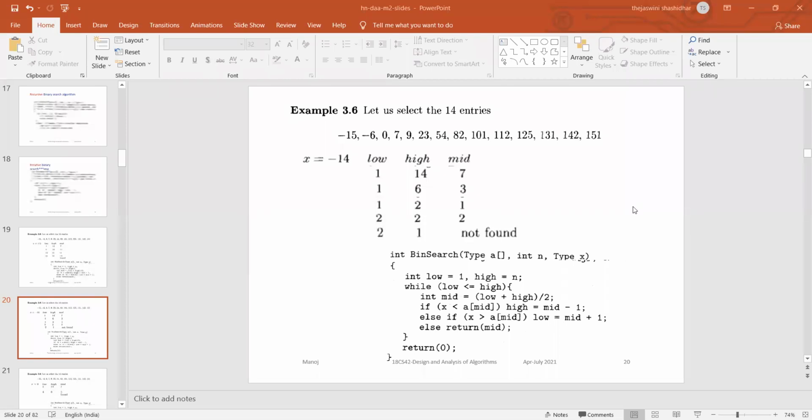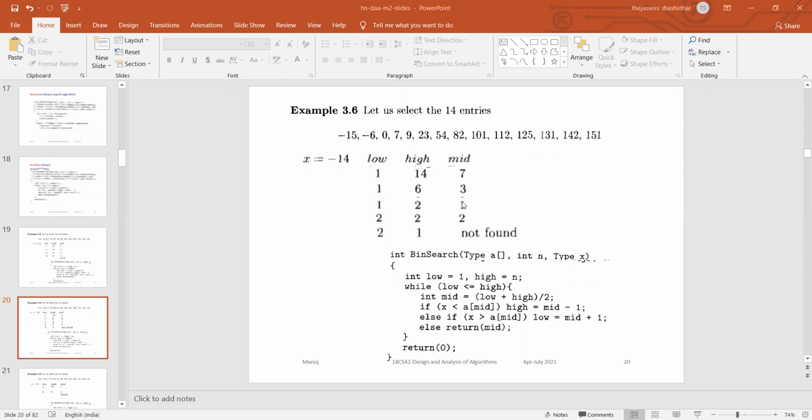No, the condition is false. If you go minus 14 afterwards, you will get minus 15. So the condition is minus 14 is greater than A of mid. At that time, you go with low is equal to mid plus 1. Keep this in your mind: minus 14 is not less than minus 15, it is greater than minus 15. That's why you take low is equal to mid plus 1.